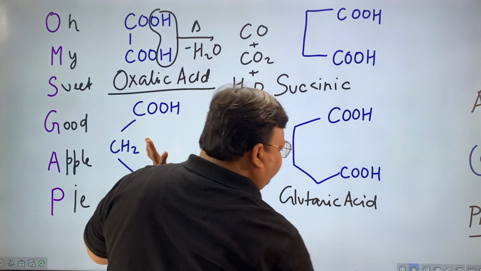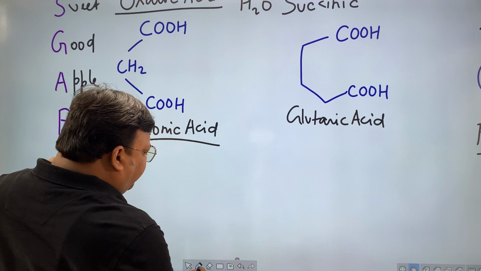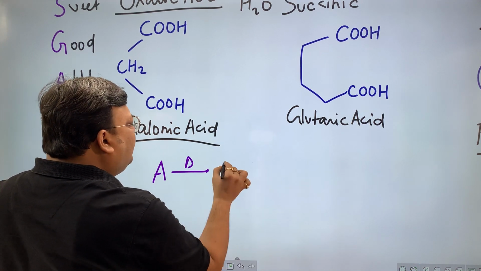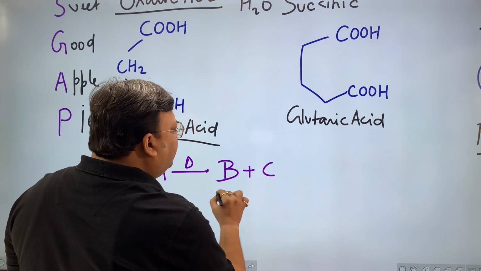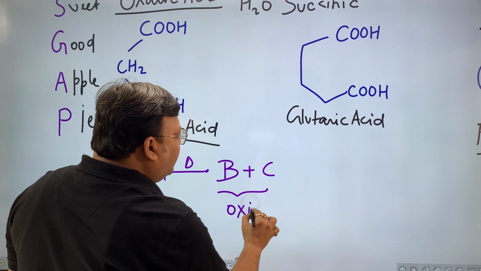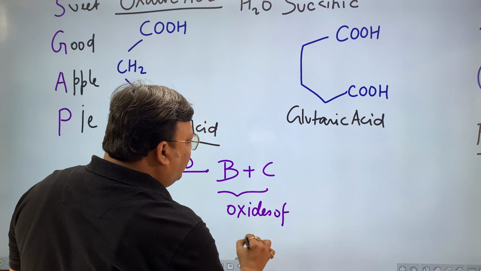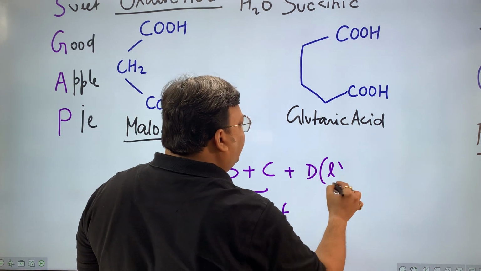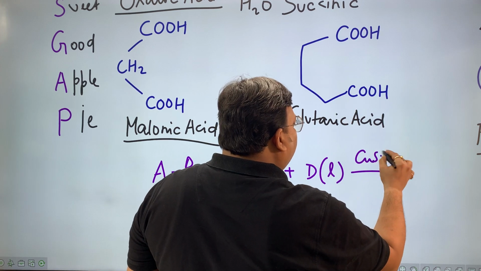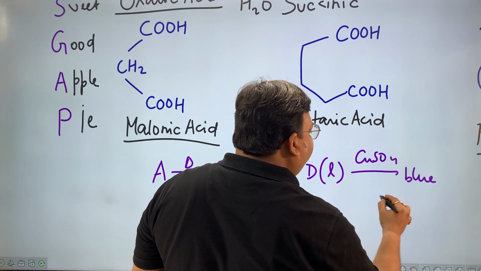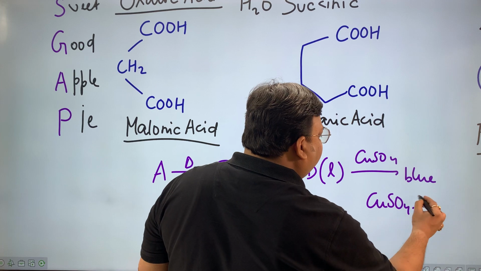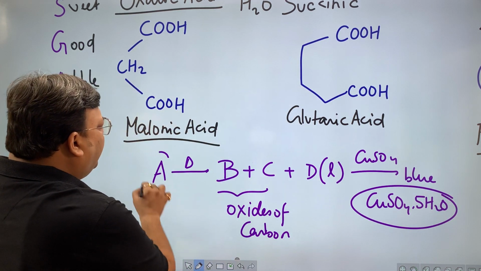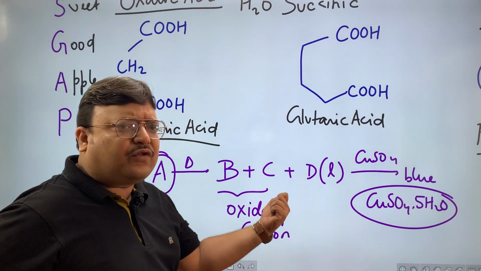It's a very common question. You would see so many times a question like a compound A on heating giving 2 oxides of carbon, and a liquid which is turning copper sulfate blue. It's blue because of CuSO4.5H2O, which is blue vitriol. Compound A on heating giving you 2 oxides of carbon.